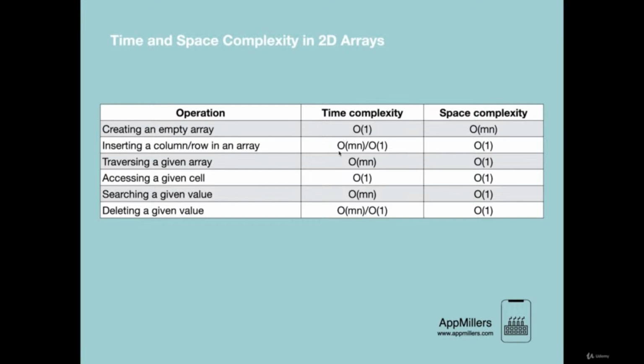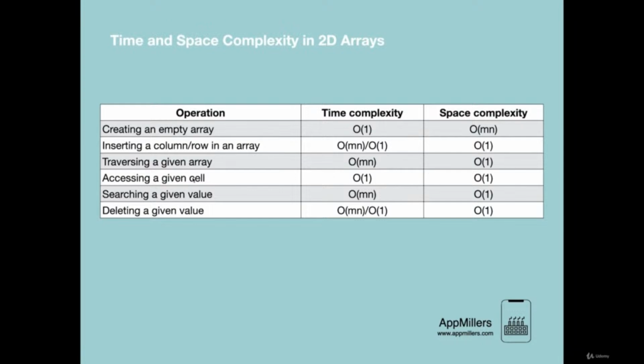Similarly, if we insert a row at the beginning of a two-dimensional array, each row has to move one step down. That's why the time complexity will be O(mn). The efficient way of adding a column or row in a two-dimensional array is adding it at the end. The space complexity for inserting a column or row in an array will be constant because we have already allocated memory for this column or row. So extra memory is not needed to perform this operation.